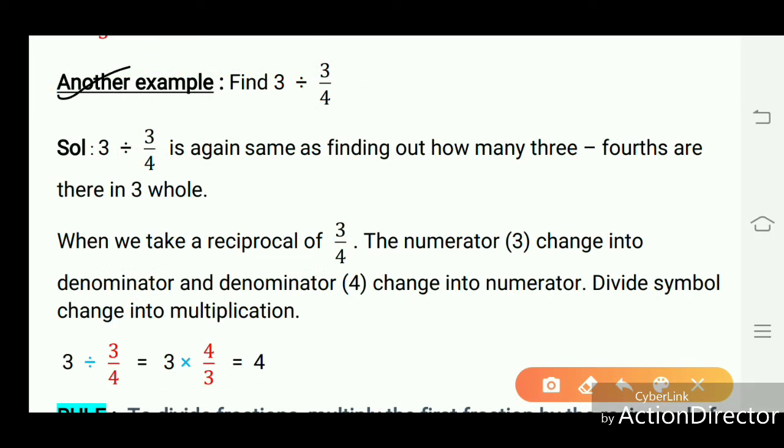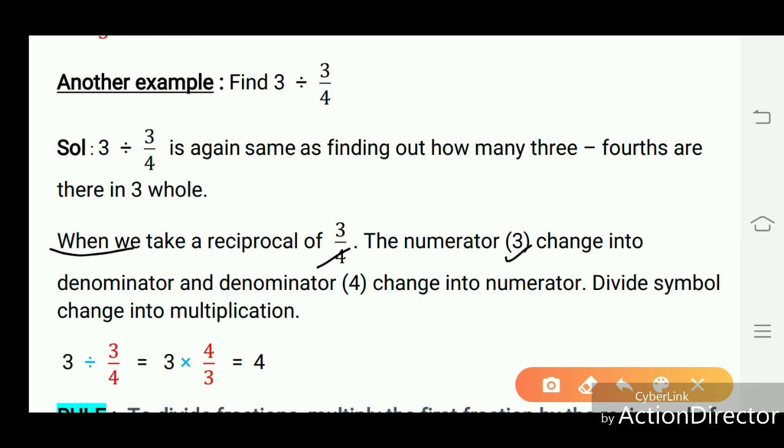Another example, find 3 divided by 3 upon 4. This is again the same as finding out how many 3/4 are there in 3 wholes. We take the reciprocal of 3 upon 4.